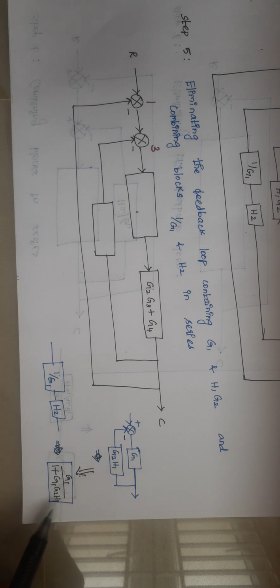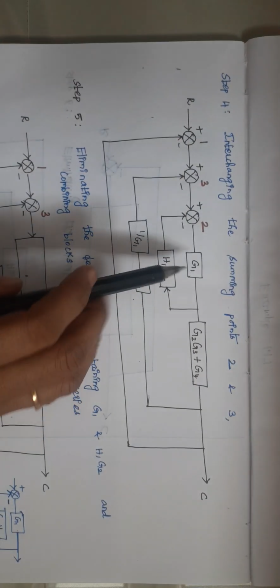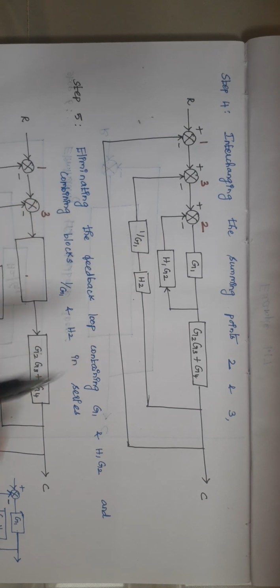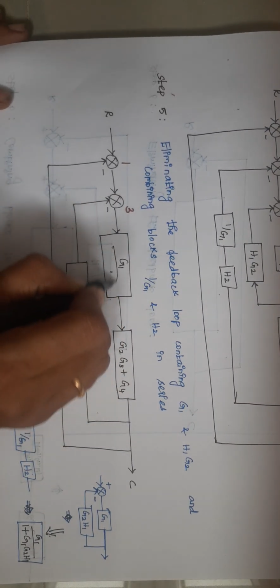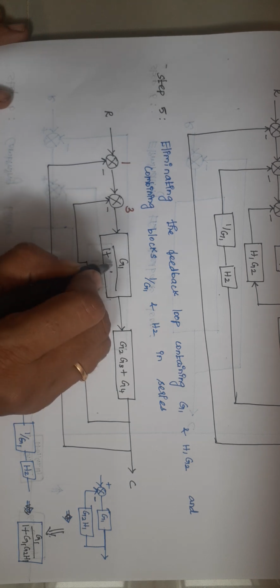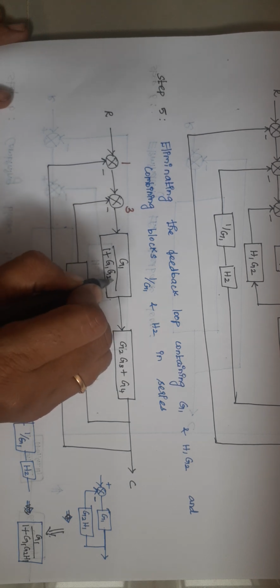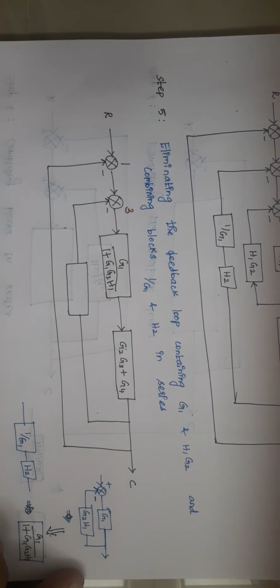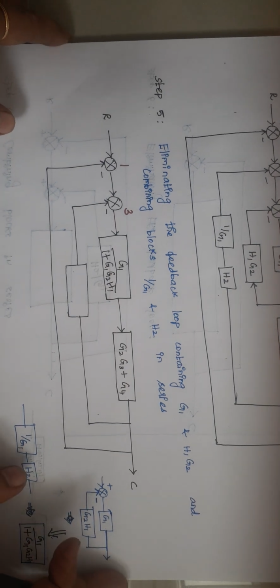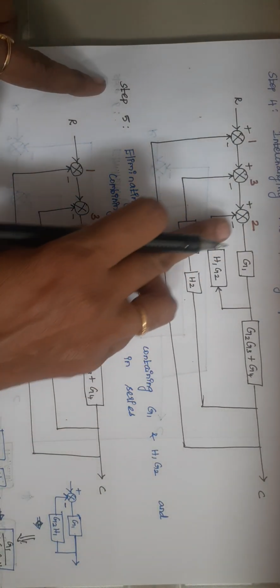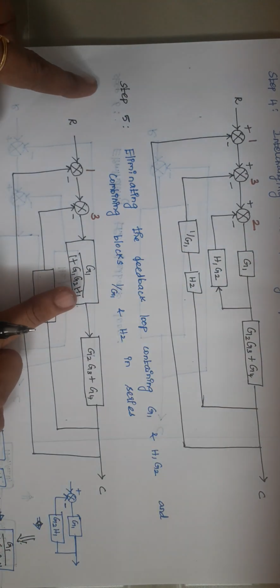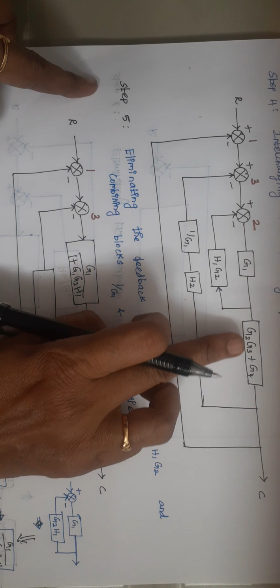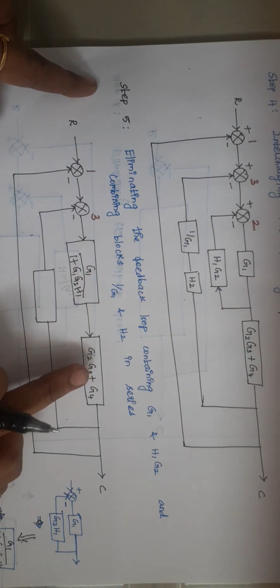This is the rule. So when we eliminate this loop G1 H1 G2, we get the value G1 divided by 1 plus G1 G2 H1, right? And the next step: now this loop is eliminated, it is reduced. Here these 2 blocks get reduced to a single block and this G2, G3 plus G4 remains as such.